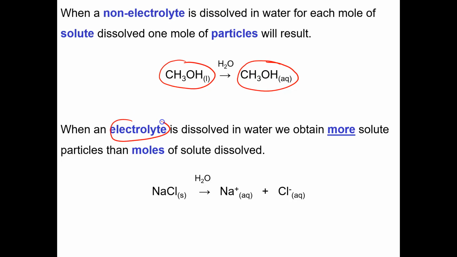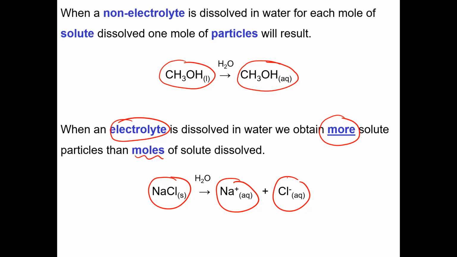However, when an electrolyte, such as an acid or an ionic compound, is dissolved in water, we will always obtain more solute particles than the moles of solute dissolved. So for example, if I dissolve sodium chloride solid into water, for every mole of sodium chloride, I'm going to get 2 moles of solute particles, 1 mole of sodium ions and 1 mole of chloride ions. So we have to take this into account and make sure that we accurately express the molality.